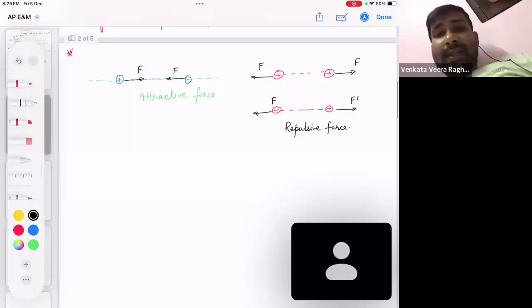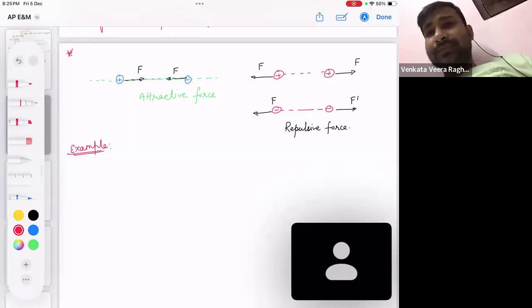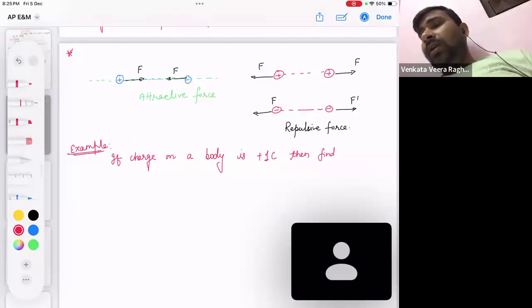Now let's take an example. In this example, we want to create a charged body of 1 coulomb charge. If the charge on a body or a particle is plus 1 coulomb, can you tell me how many electrons have been removed?